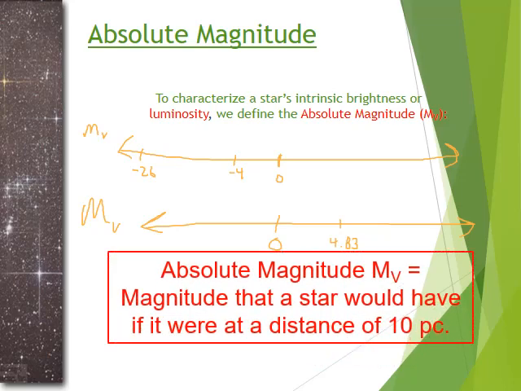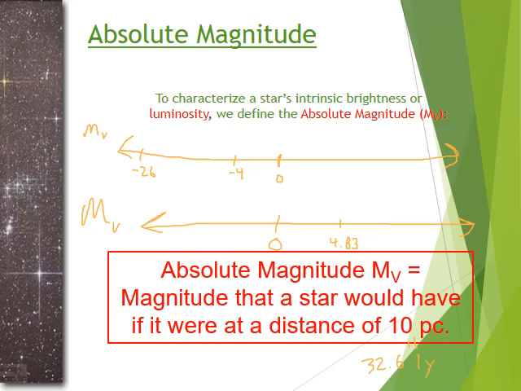It's because absolute magnitude is defined as how bright a star would appear to be if we were able to move it to a distance of 10 parsecs. Remember that a parsec is 3.26 light years, so 10 parsecs is equivalent to 32.6 light years.